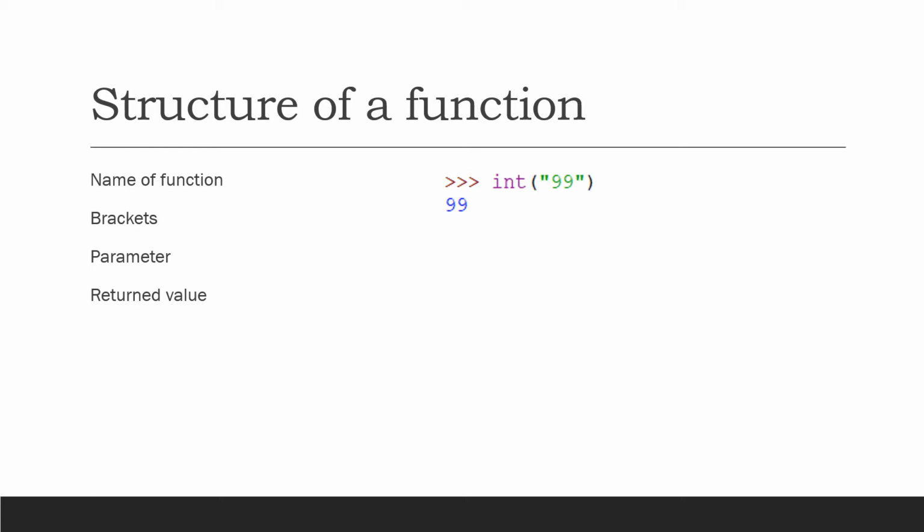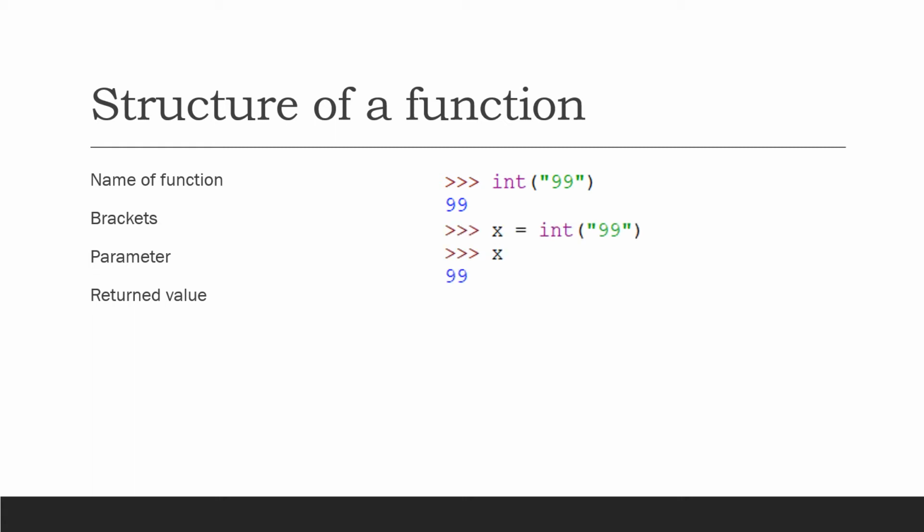Here's a function, it's called int. It converts whatever is inside the brackets into an integer. So the parameter of this function is the string 99. The function is called int, and the returned value is the integer 99. And the computer has evaluated the function and displays the value.